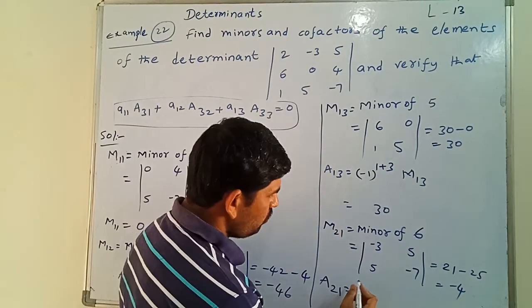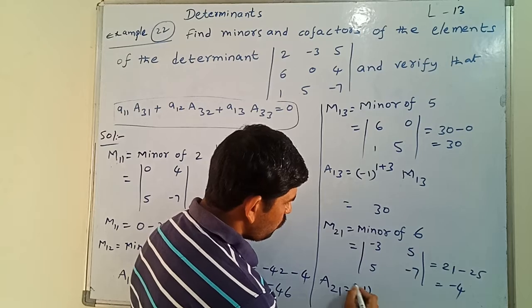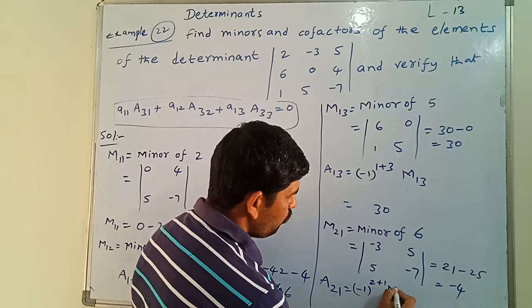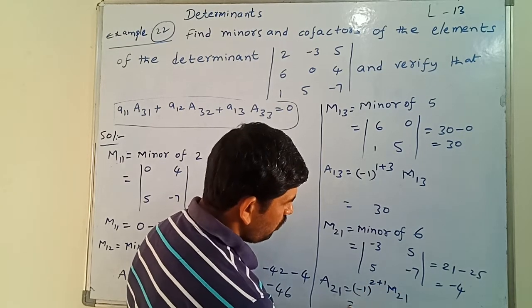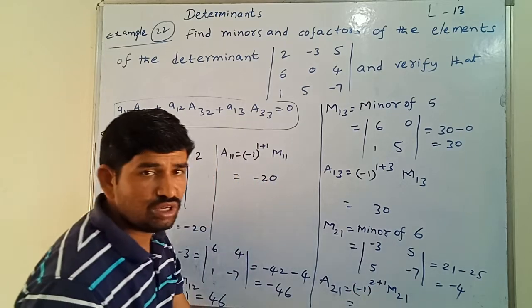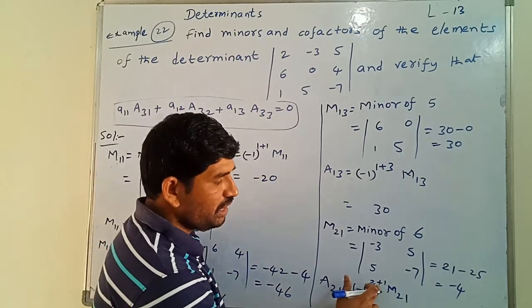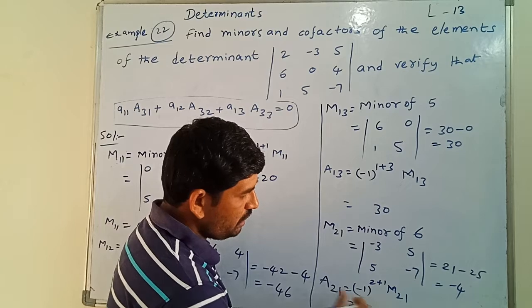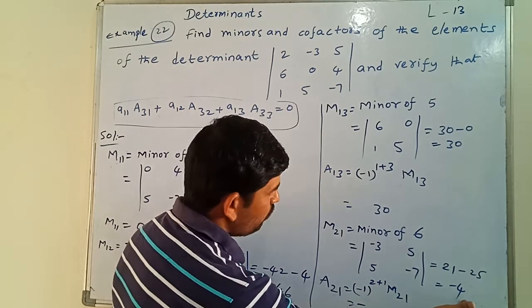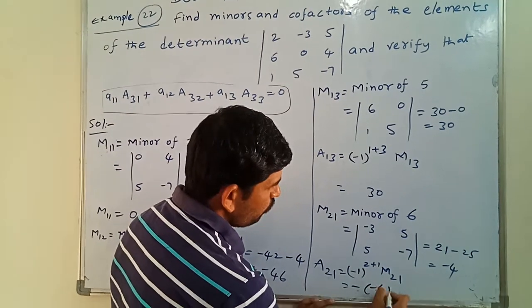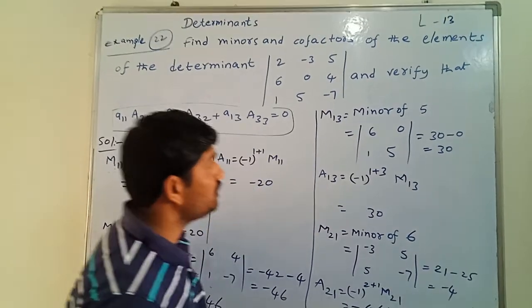So this can be written as minus 1 whole power 2 plus 1 into M21. So 2 plus 1 is nothing but 3. So the power is an odd number, the sign is negative, minus. Already having M21 negative, minus 4. Minus and minus plus.